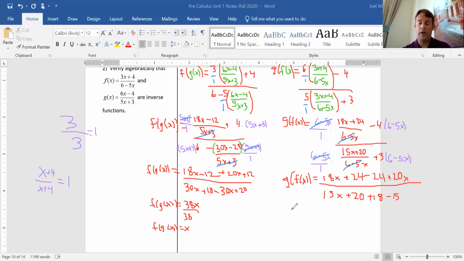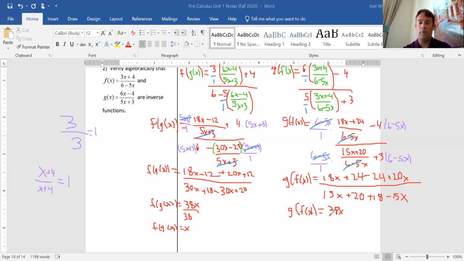So if we clean up the top and bottom a little bit, hopefully we get some things to cancel, which you can already tell they will. I'm sure you guys already did this on your own. And I am left with 38x on top. And on the bottom, oops, that should have been 15x there.